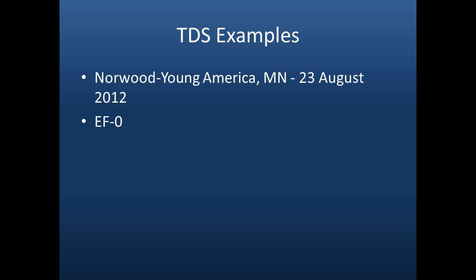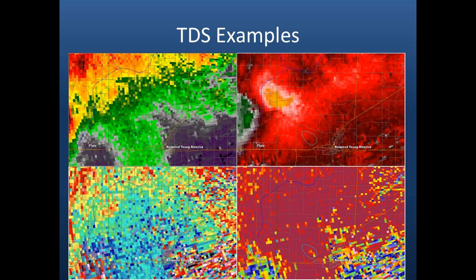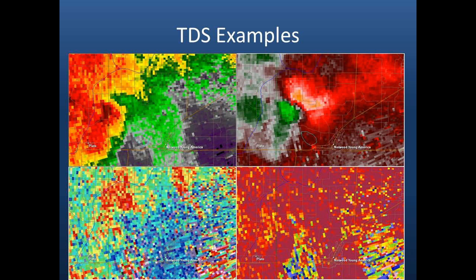So the next example I want to do is an EF0 tornado. This was from the week after MPX came back with the dual-pol upgrade, so it was an interesting example to see. Here you had good outbounds, some inbounds there, but not really impressive at this point. Moving into the radar site, just about 45 miles to the east here, the couplet gets quite a bit stronger, and you actually then start to see a small correlation coefficient hole.